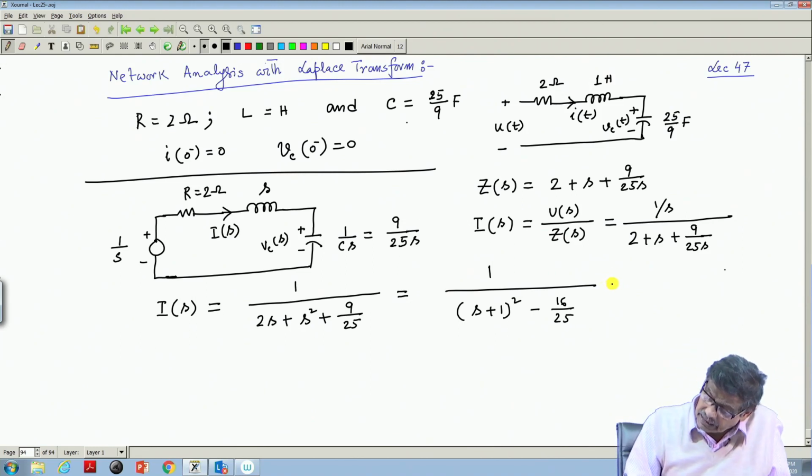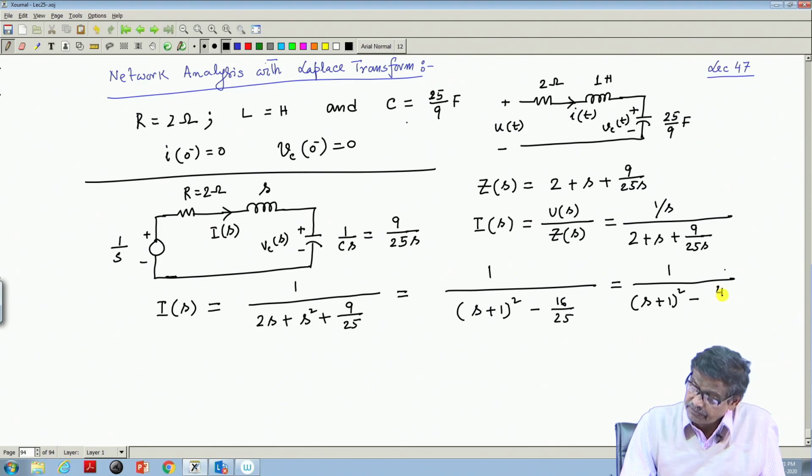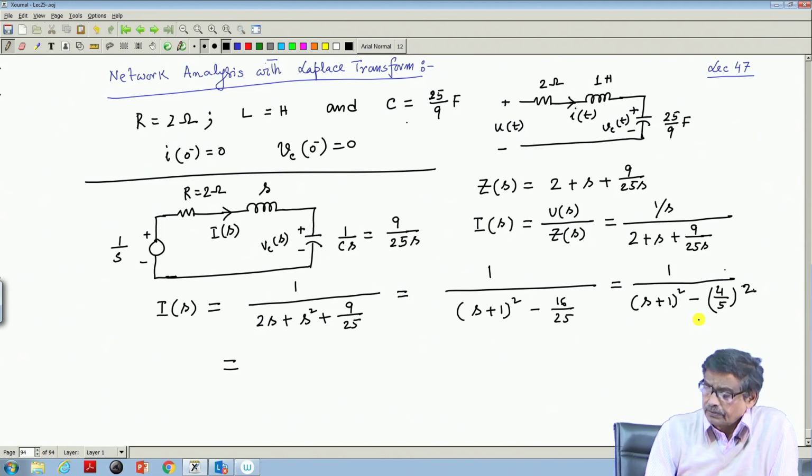Any mistake, you point out. So, this is 1 divided by (S plus 1) whole square minus (4 by 5) whole square. It can be easily factorized, a plus b into a minus b, everything is real here, no j terms.